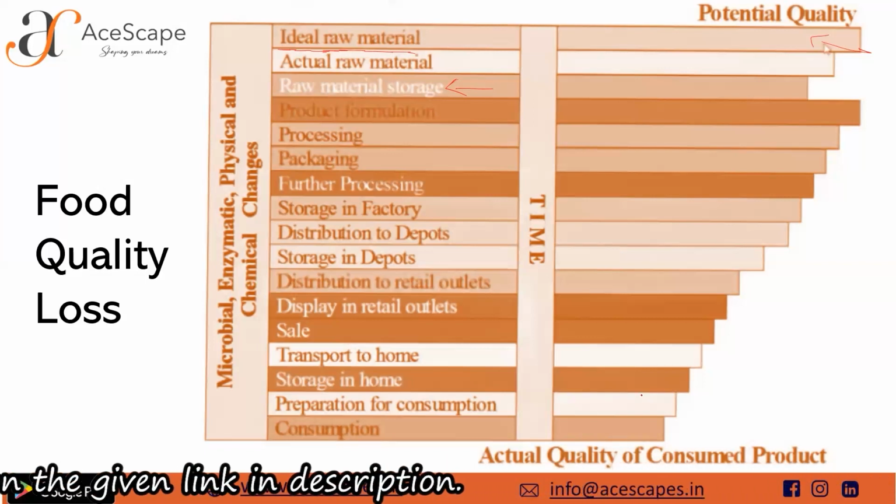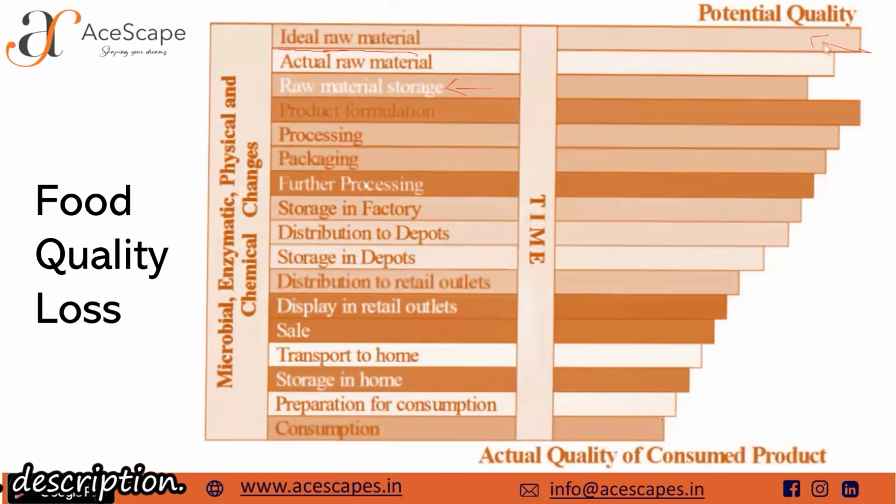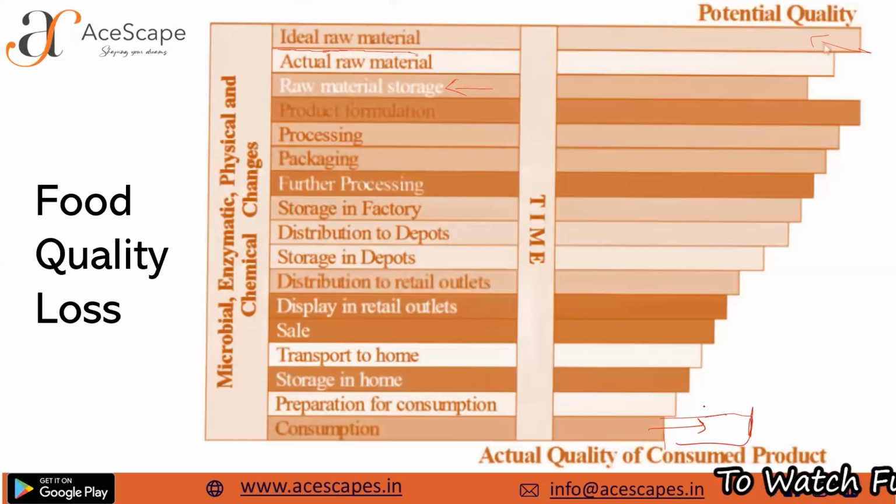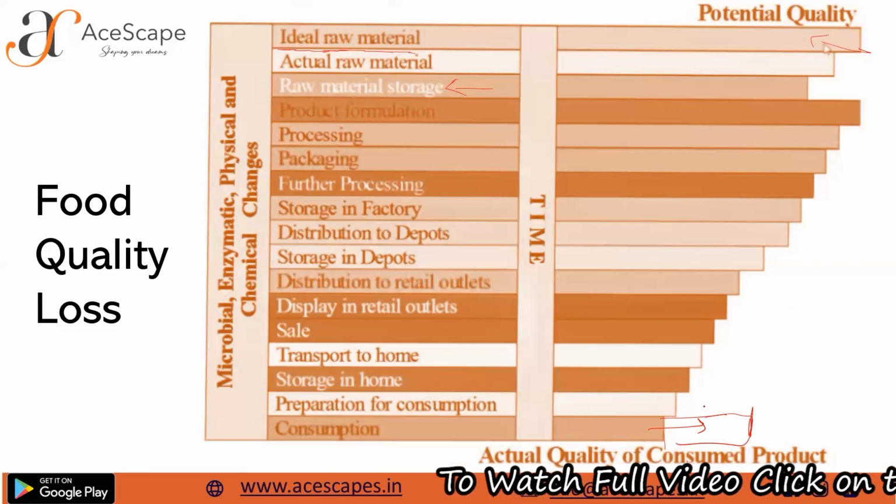During consumption, its quality may be reduced to half. So this is the gap. We have to develop such things. We have to raise this quality up to here, right? We have to bring it till here. So this is the area where we have to apply such techniques of food processing.